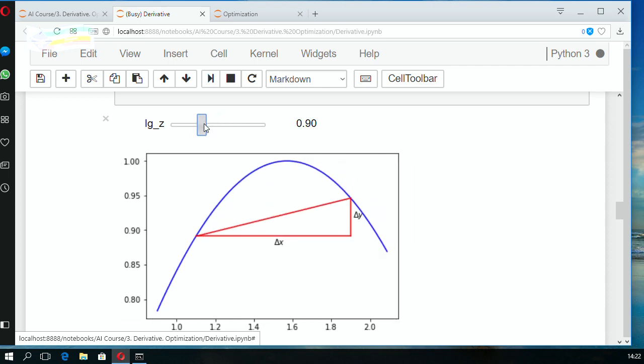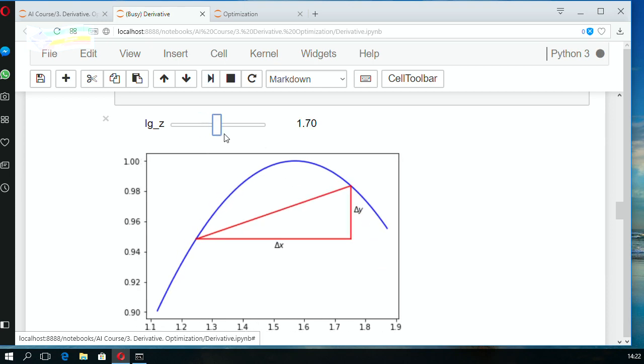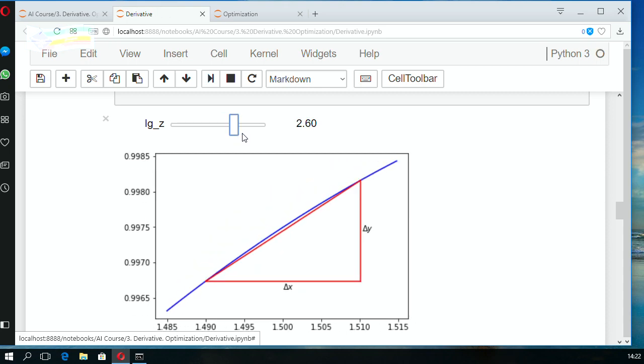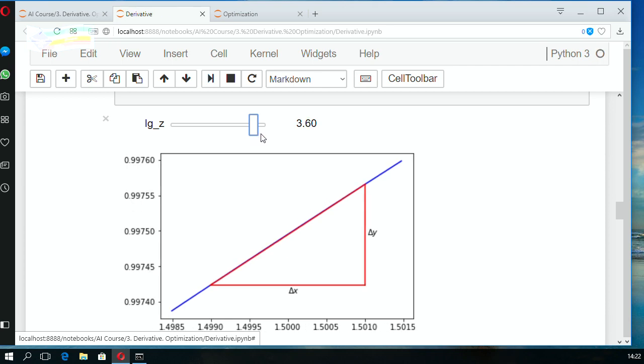So for example, in this case the difference between the graph and the secant line is quite big, so we can already see it on the graph. But if we reduce delta x, quite soon we won't see the difference between the secant line and the graph in this point, and it will just get closer and closer.